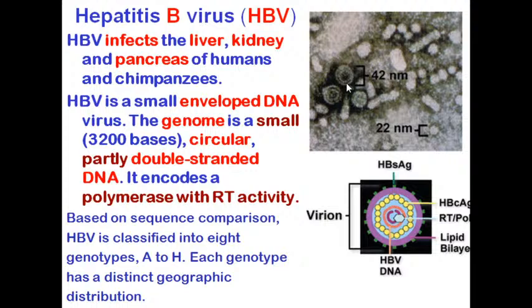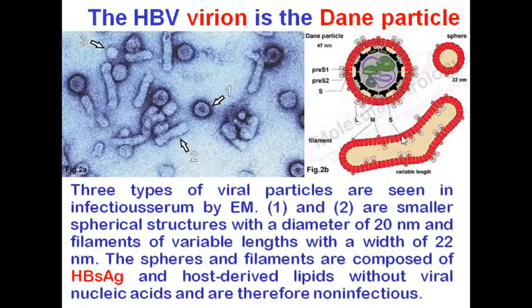This is a complete infectious virion, and the diameter is 42 nanometers. Why is it important? Because in the blood serum of infected individuals you can also find subviral particles. Here you can see the Dane particle, the infectious virion, completely done with all proteins and nucleic acid.